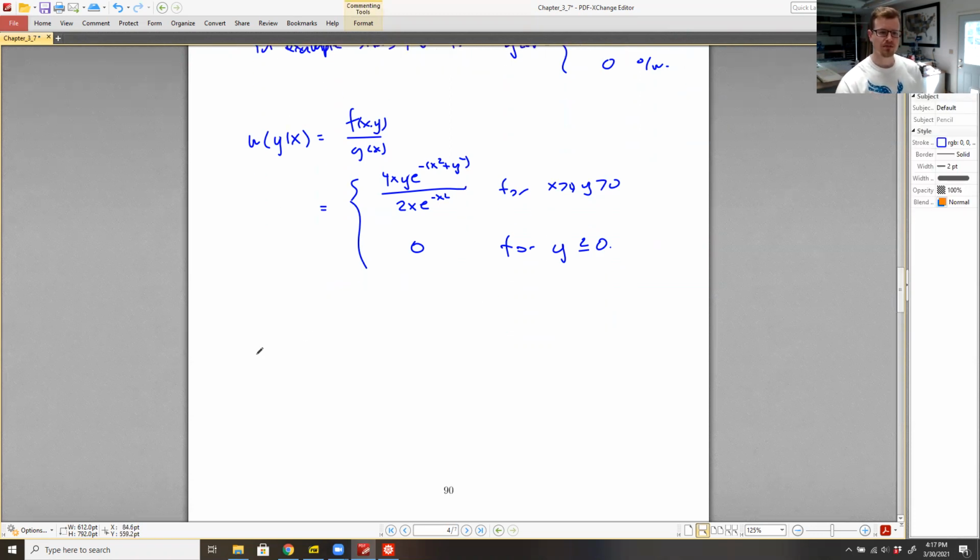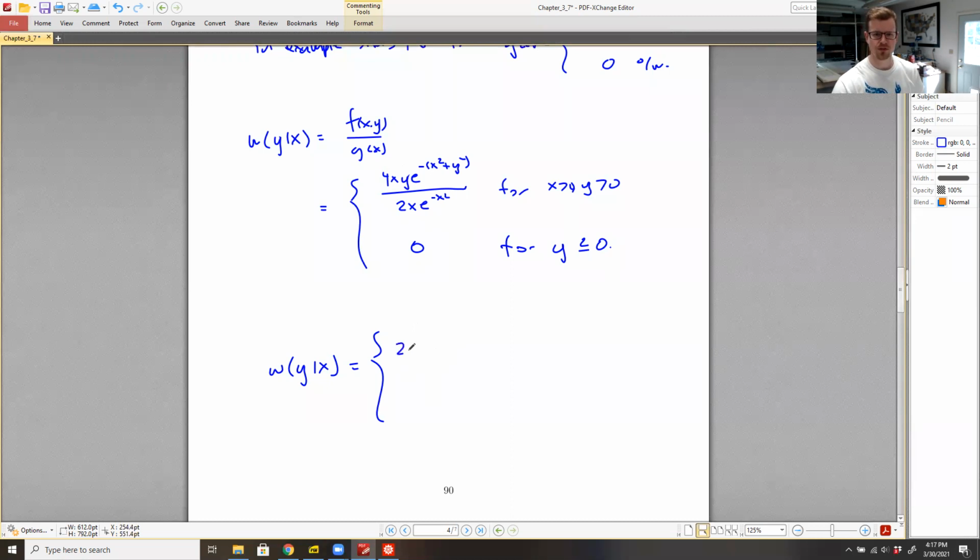Okay. This can be simplified, so we should go ahead and do that. That's going to give us that the conditional distribution of y given x is equal to 2 and the 4 reduce, the x and the x cancel, and then the e to the powers, I can go ahead and simplify that. So I'm going to lose the x squareds in the numerator, and the denominator is going to go away.